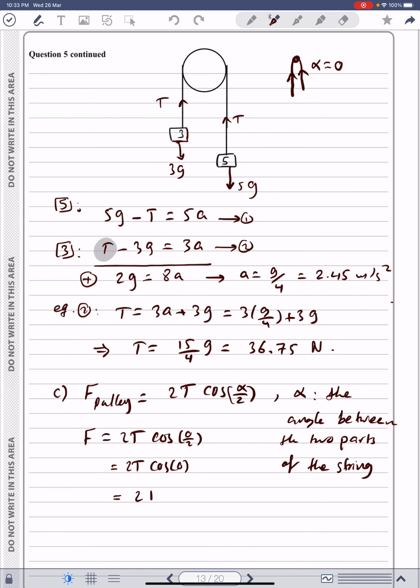If you don't memorize that cosine 0 is 1, use the calculator. Just substitute T in this formula. You will get 73.5 newtons. We have alternative ways, of course, but this is the easiest way, and it works with any question with pulleys. It's the advantage of this formula.